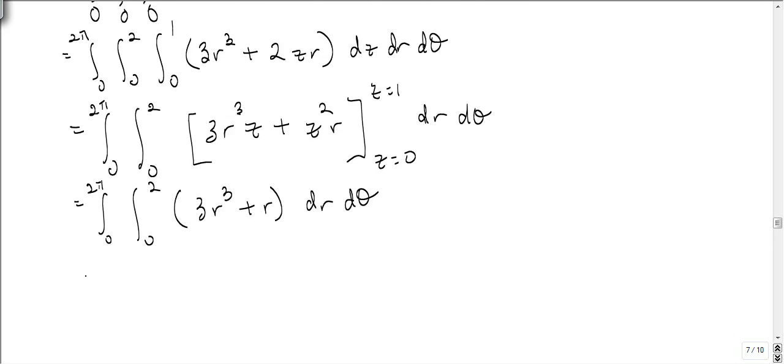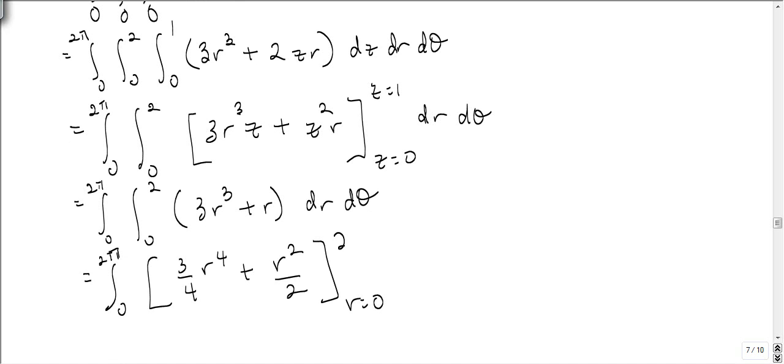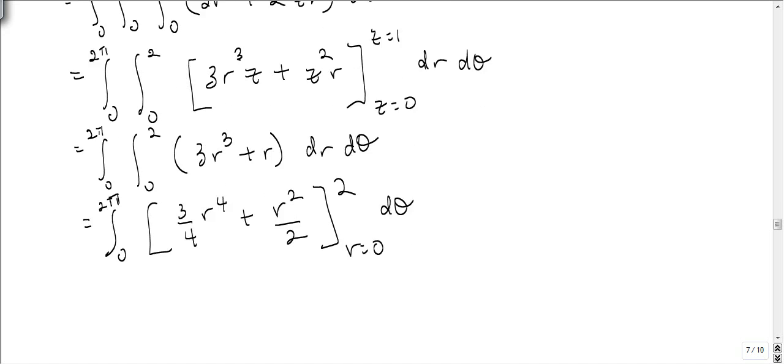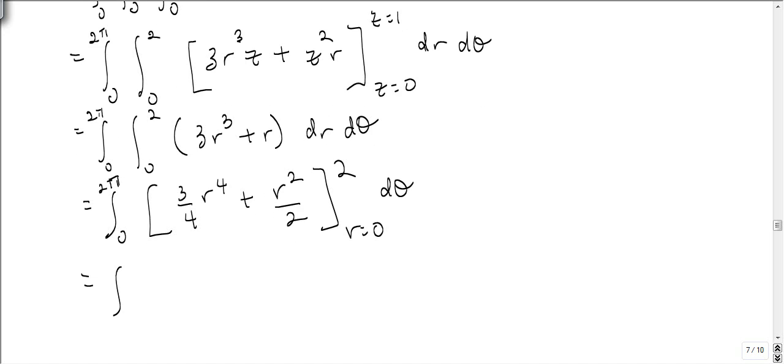Integrate with respect to r now. Tell me. 3/4 r to the 4th plus r squared over 2, r goes from 0 to 2, d theta. Okay, what's that? 13?